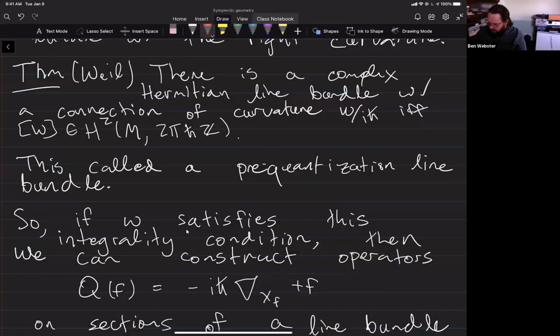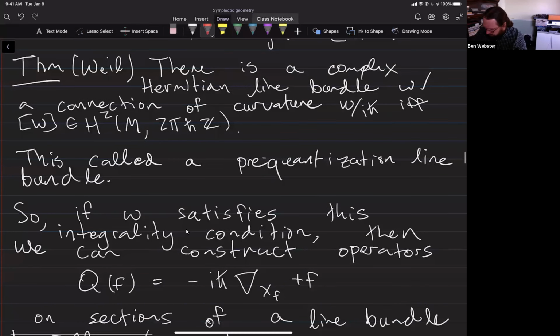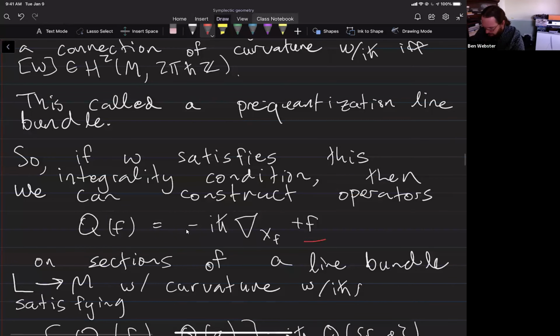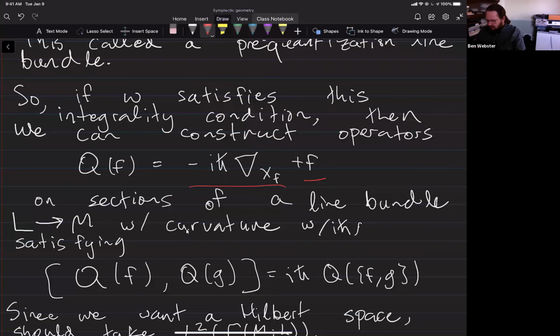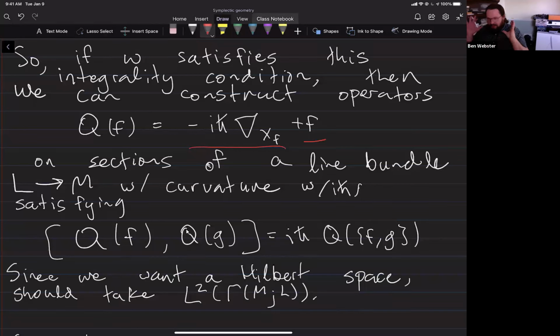And now I can construct operators by taking multiplication by a function. That's a perfectly good operation on sections of this line bundle. And minus iħ times this covariant derivative is also a perfectly good operator on sections of this line bundle. And because of this curvature calculation, I exactly get that the bracket of these two operators is iħ times this operator for the Poisson bracket.